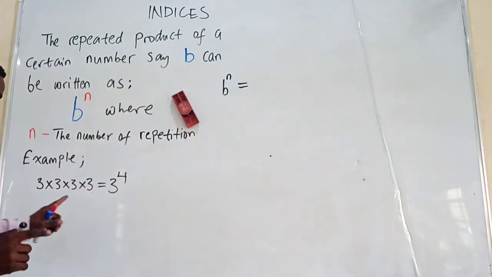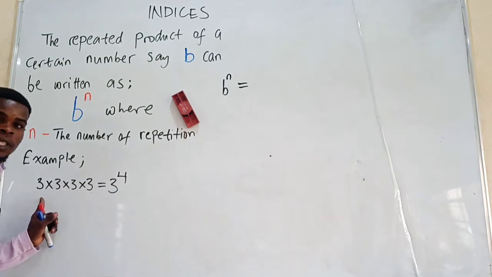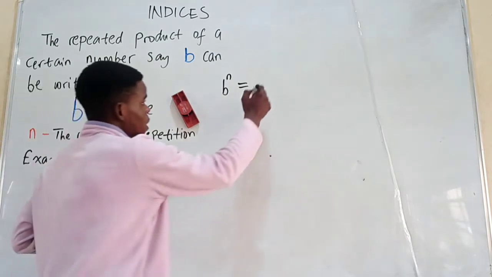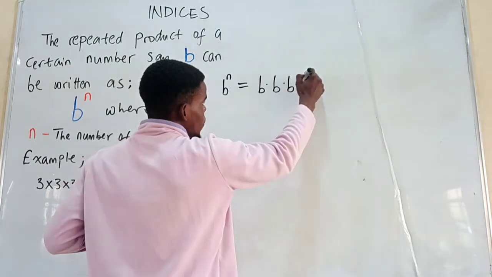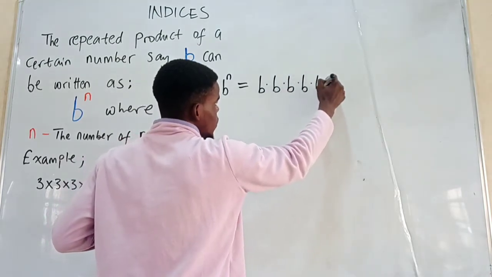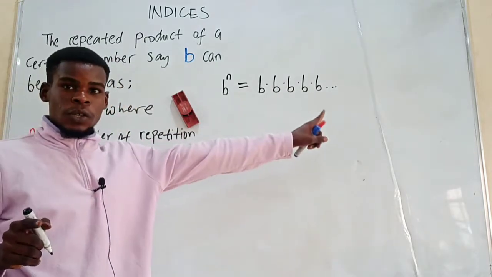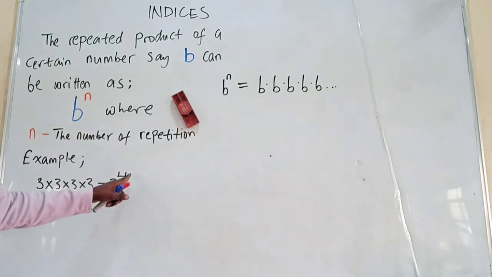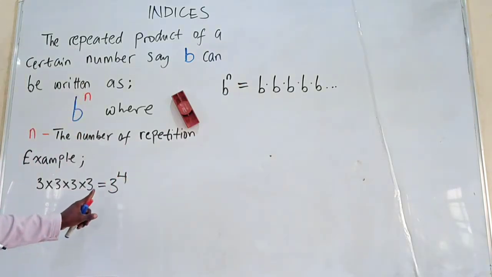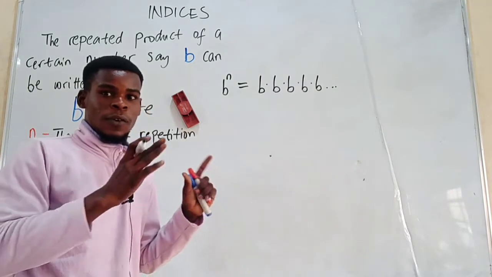You see that this was 3 to the power 4, and 3 was written 4 times. So this means that we're going to multiply b with itself n times: b times b times b times b till, and the reason why we continue is because n here is not known. Here the n was known to be 4, we just saw that we were having four 3s.